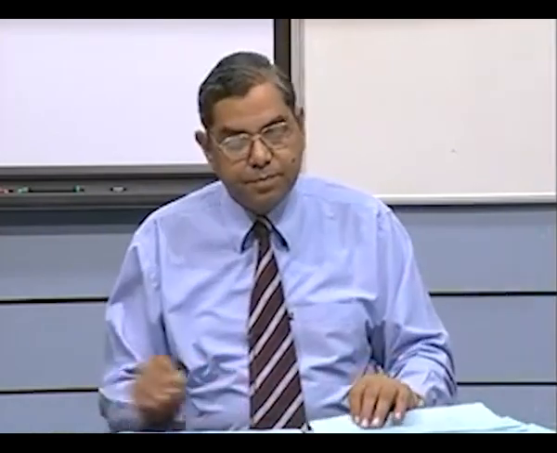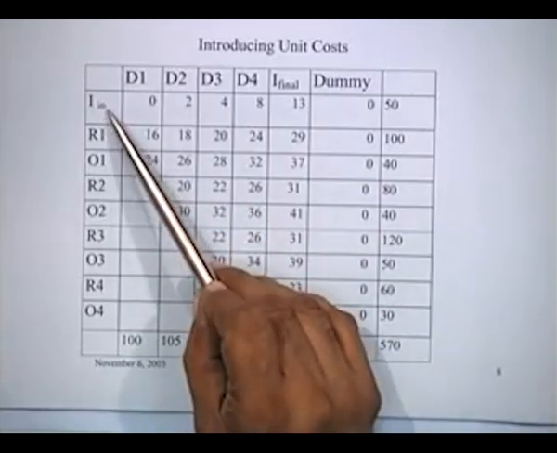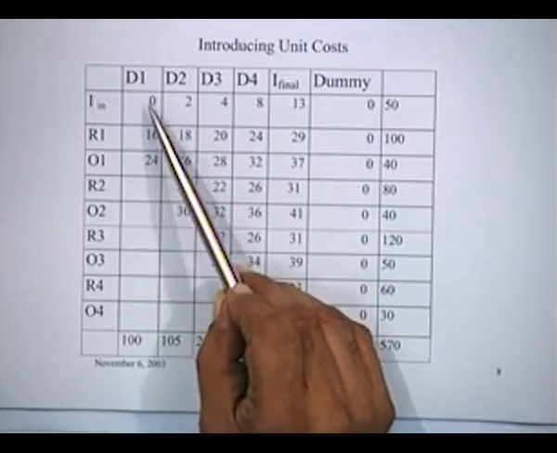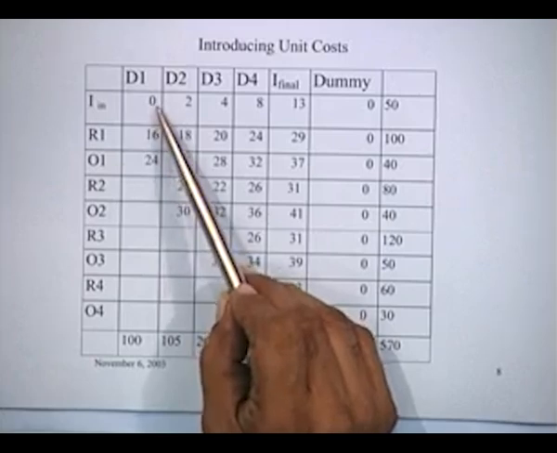Having done this, the next thing that we need to do is to add the costs. So how do you add the costs? Typically you find that if something that you have in inventory is immediately sold in the first period, there is no cost associated with it, right? So 0.